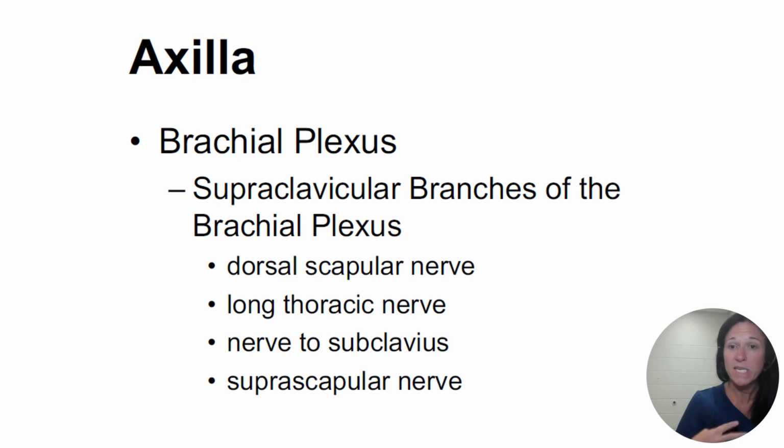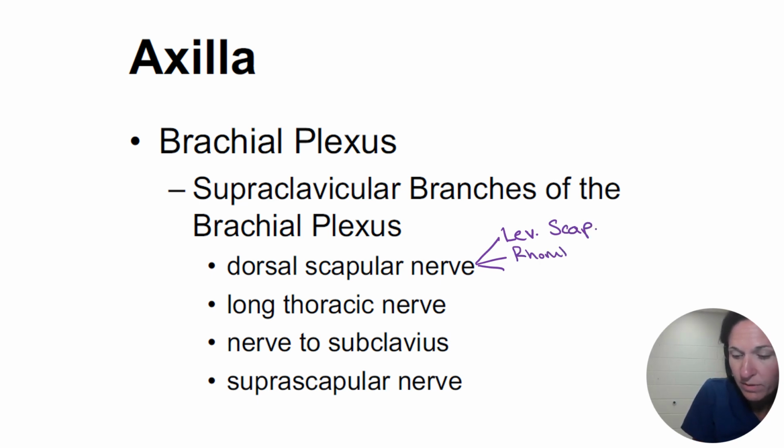So reviewing these supraclavicular branches of the brachial plexus, we have the dorsal scapular nerve. Again, it is going to innervate three muscles: levator scapulae, rhomboid major, and rhomboid minor.